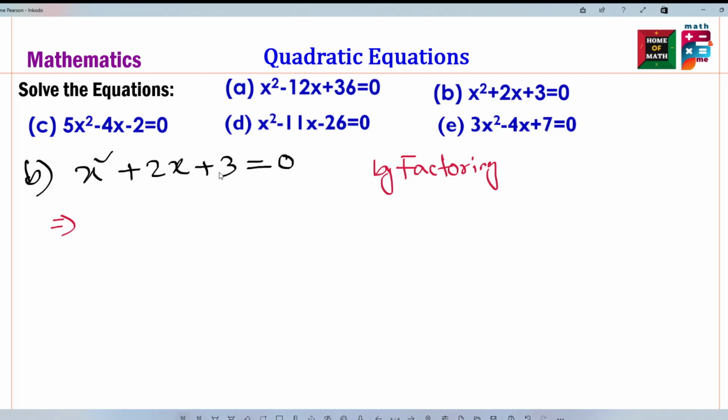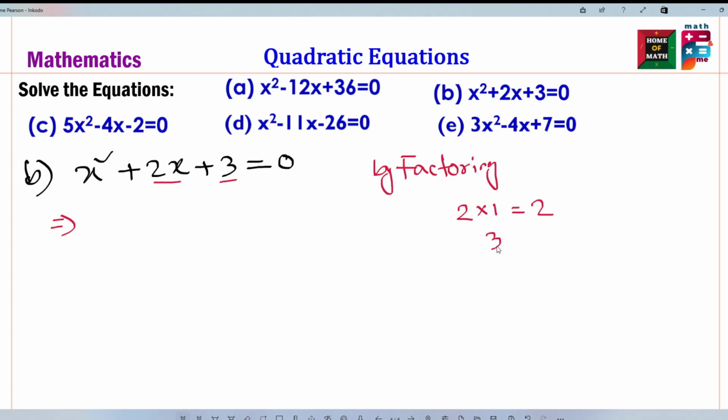Why? Look, here is 2 and here is 3, so we have to find 2 numbers which, once we multiply, will become 3, and when we add or subtract, will become plus 2x. So look, 2 into 1 means 2, so it's not possible to make 3.